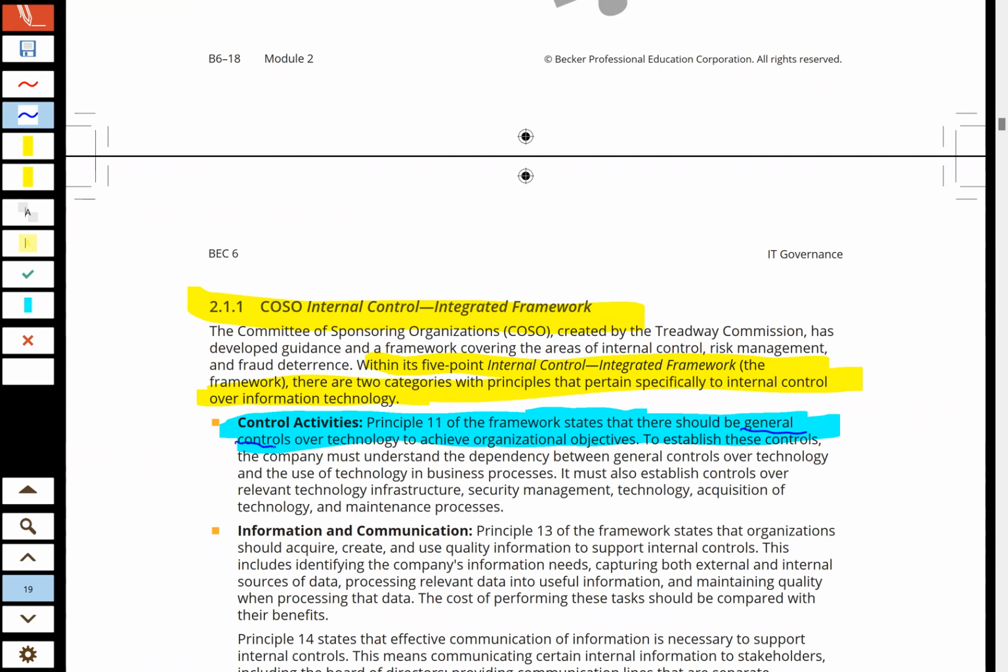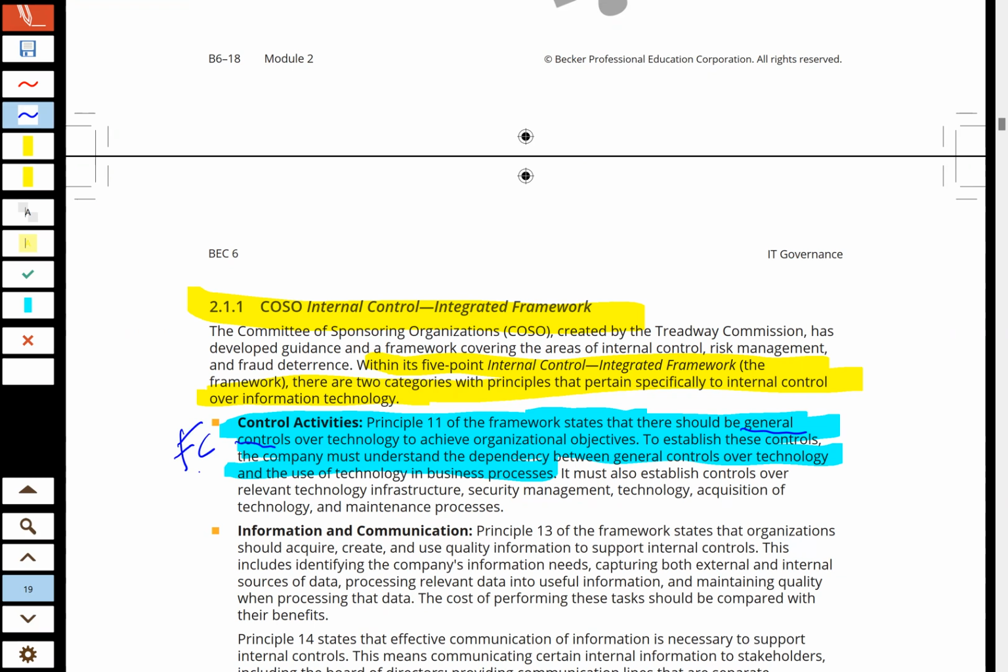General controls are controls like use of passwords and disaster recovery, things that are not specific to a certain application like payroll. To establish these controls, the company must understand the dependency between the general controls over technology and the use of technology in the business process. So let's flashcard that as a key part of our control activities.